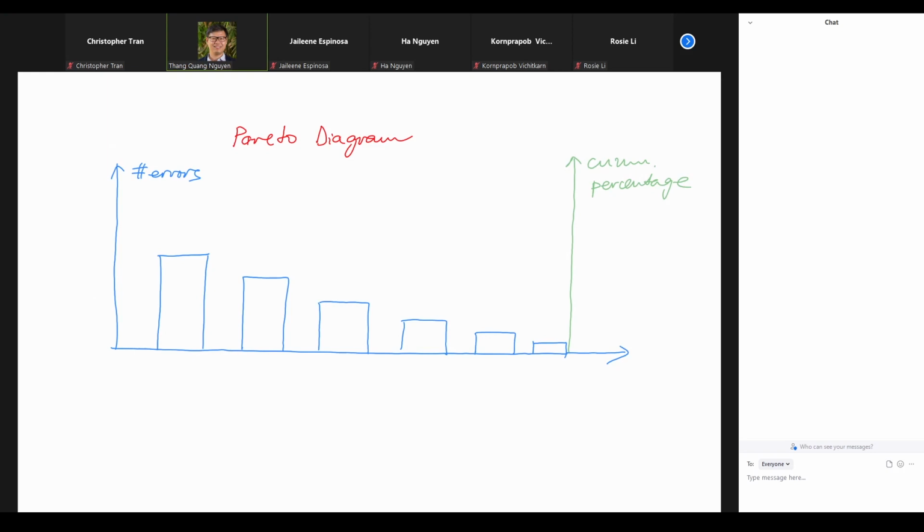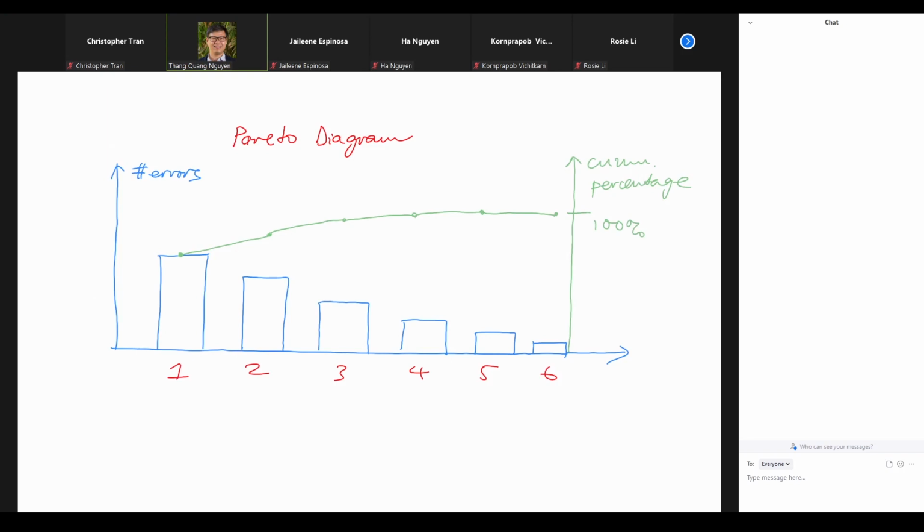But of course, because we are interested in the cumulative percentage, by the way, after we sort the things right, then down here we have the cause number 1, cause 2, 3, 4, 5, and 6, right? And because we want to see the cumulative percentage, we would start from somewhere here, and then we accumulate the percentage along the way. So it might look like that, like that, like that, and finally it's like that. And at that point, we hit exactly 100%, right? We accumulate all the problems along the way.